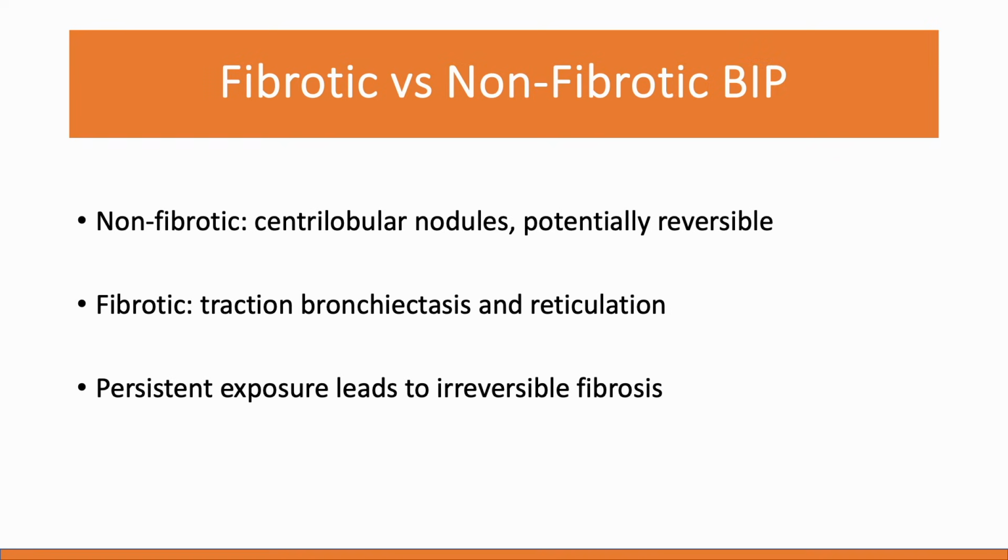If you see traction bronchiectasis, you see the three density sign and you see peribronchovascular reticulation, that will be fibrotic BIP, right? And here, ongoing exposure will turn a non fibrotic BIP to fibrotic BIP. So, not only does it aid diagnosis, it also helps you prognosticate the patient.